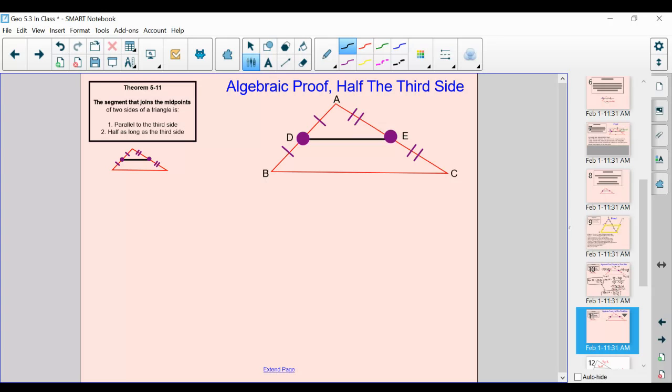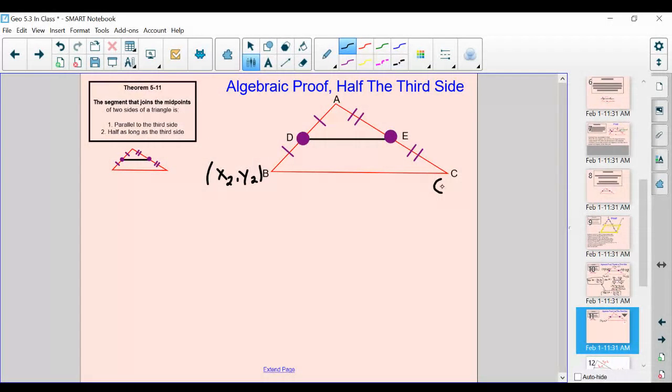And now here is where we get really, really fun. It's going to get sloppy. So really, I'm going to try my best to make sure I'm doing it as neat as possible. Let's figure out the distance of DE compared to the distance of BC. Well, we want to prove that DE is half BC. So let's try to figure out the distance between them. We are going to be using the same points as before. So B we labeled as x sub 2, y sub 2.